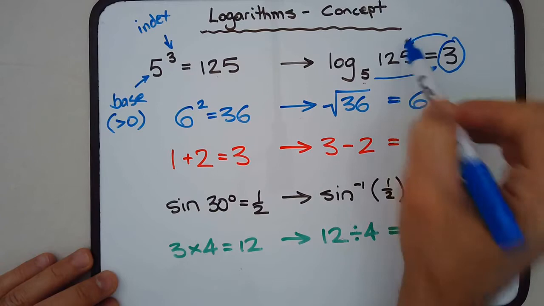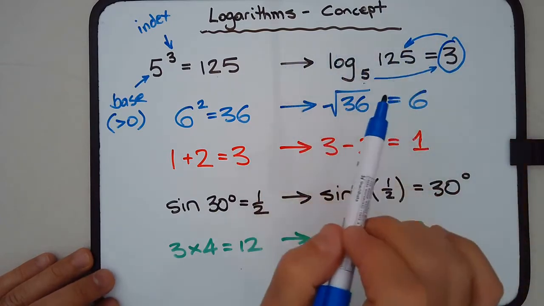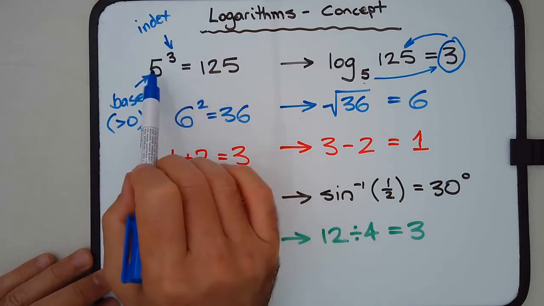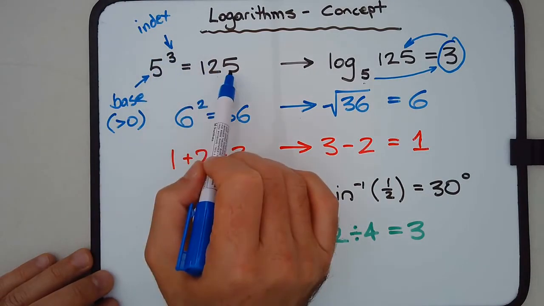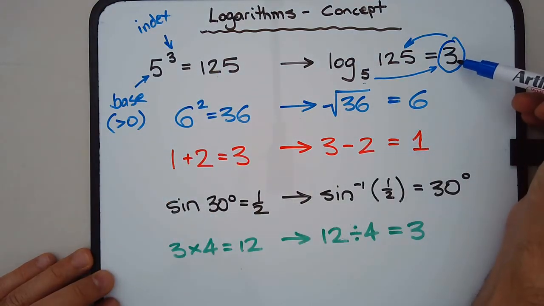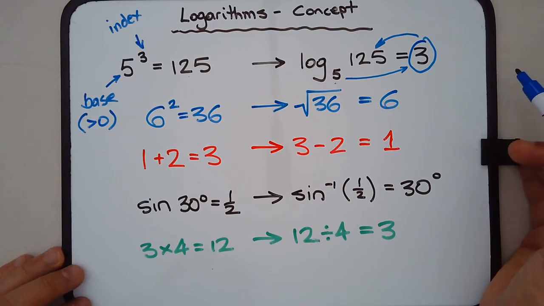But it allows us to rewrite this expression, 5 to the power of 3 equals 125, in such a way as to make the index the subject of the formula. And that allows us to solve some very, very useful equations.